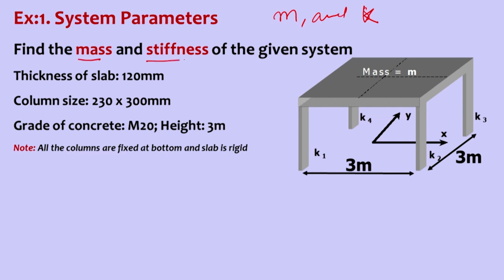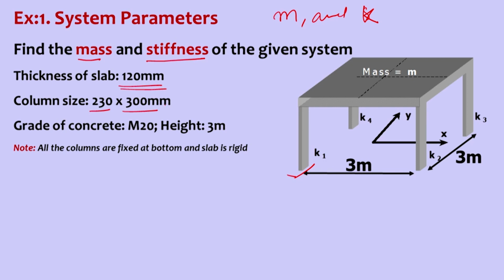If we look at this structure, a slab supported on 4 columns, the thickness of the slab is given as 120 millimeter and the column size is 230 by 300 mm, 230 on one side and 300 on the other side.